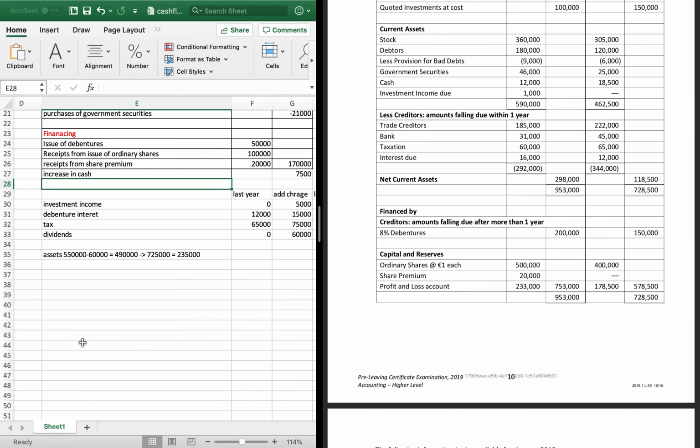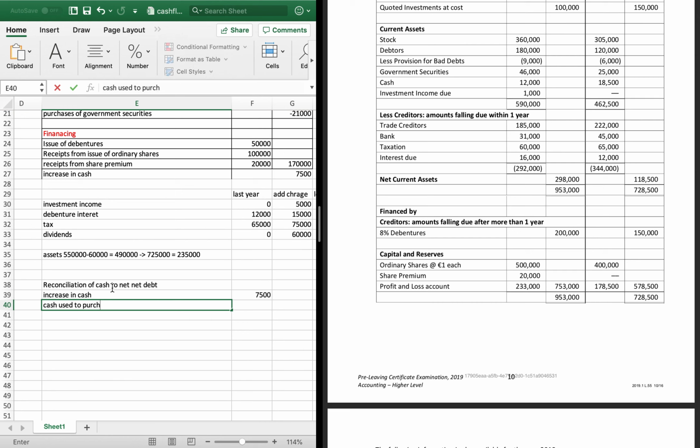Okay, so the final part then is the reconciliation of cash to net debt. So start off with your increase in cash, which is 7,500. We look at cash used to purchase liquid resources.